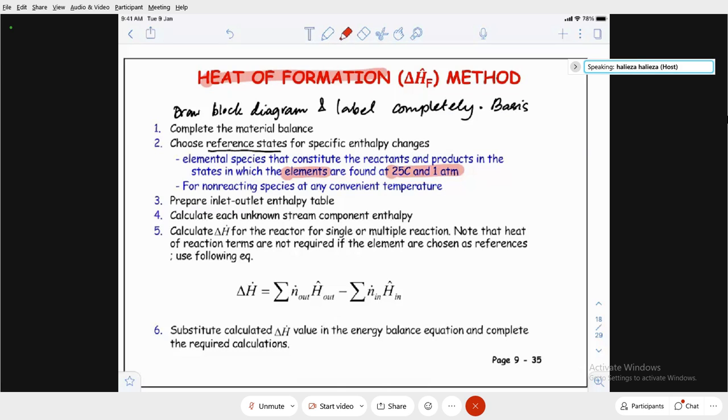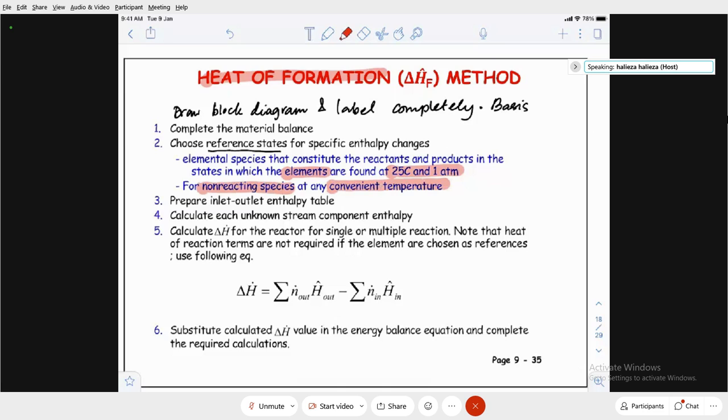If there are other components that are not reacting in the reaction, for example nitrogen, then you can choose any reference state you like. It could be the inlet, it could be the outlet. It's up to you. Because that non-reacting species is not involved in the reaction, you are not restricted to 25 degrees C and 1 atm.